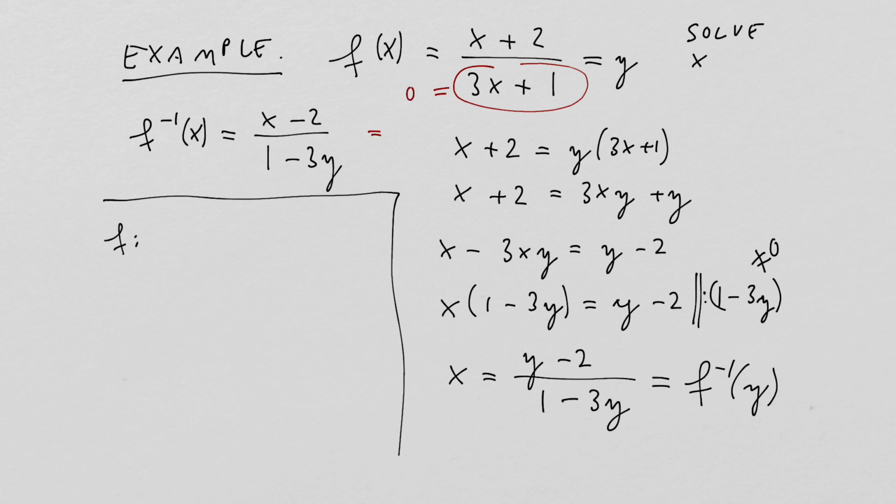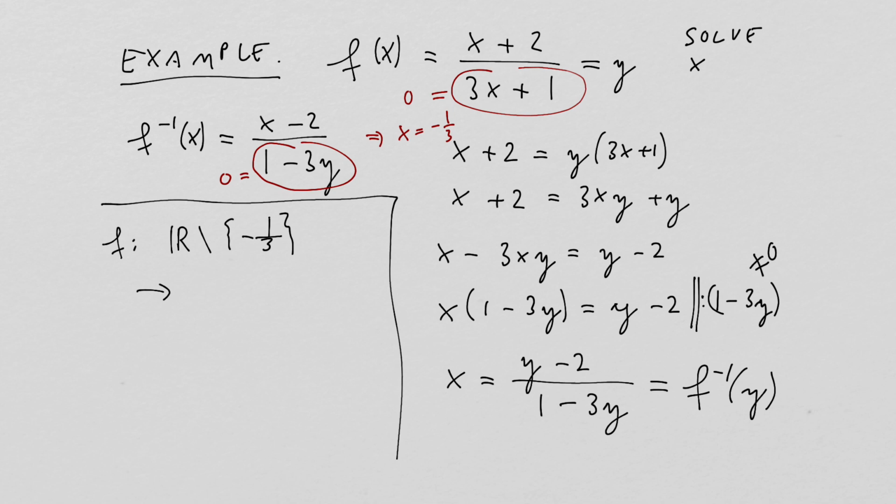That would mean x is equal to minus 1 over 3. So the function is actually from the set of real numbers minus that number to the set, and we see that the inverse function is not defined if this would be 0, that means if y would be equal to 1/3.